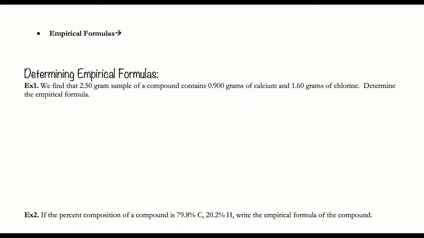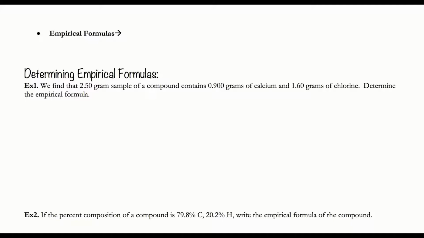So over the course of the next two lessons, you're going to learn how to take analytical data from an experiment and actually transform it in order to determine the formula for a compound. Now, in order to do that, in this lesson, we are first going to learn about empirical formulas.